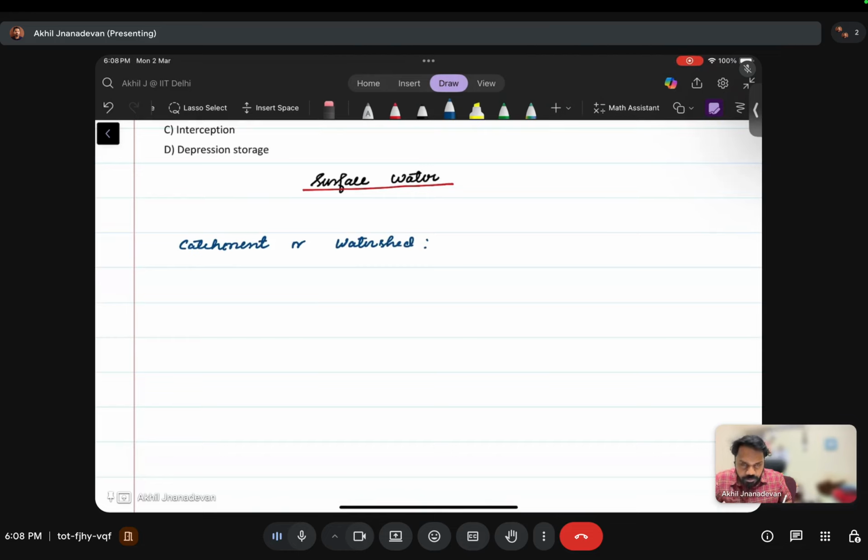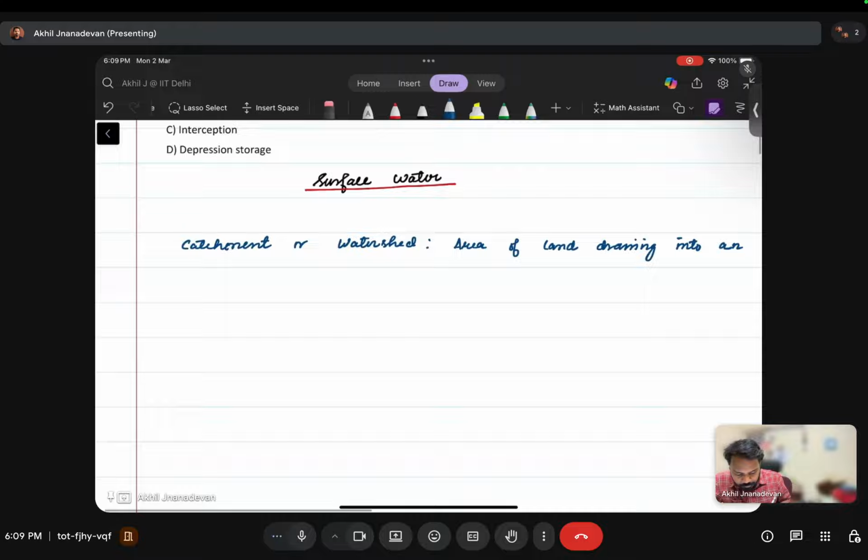You may already know if you have seen the previous lectures, it's an area of land draining into an outlet.